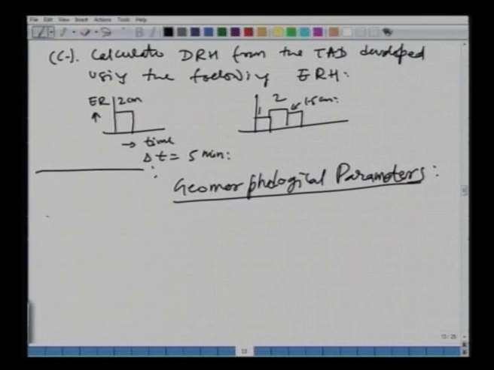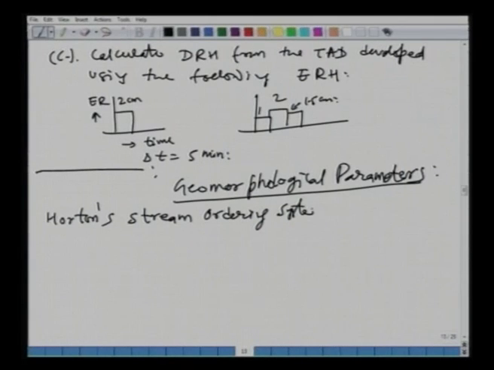All right. First one of them is what is called the Horton's stream ordering system. All right. You may have a large catchment in which there may be a main channel, or the downstream channels.